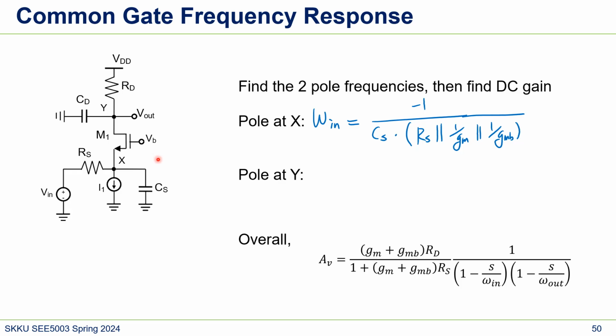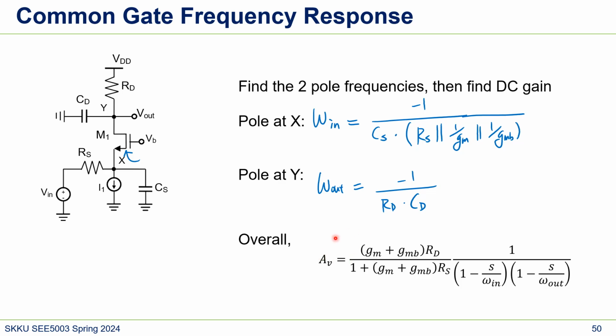Because if you see this way, the impedance this way would be 1 over GM and 1 over GMB. What about the pole out at Y? This would be minus 1 over RD and CD. We're ignoring the impedance seen here, this part, because this is a large impedance, so we're not using this.